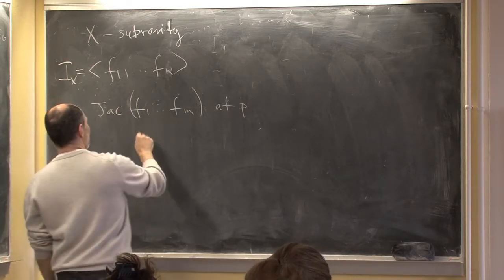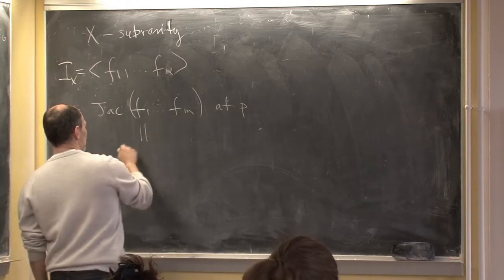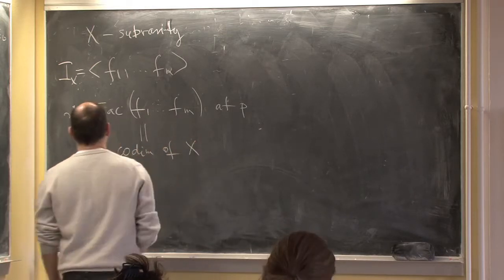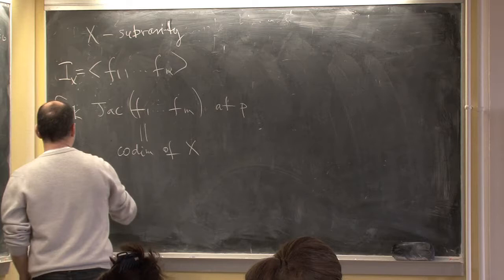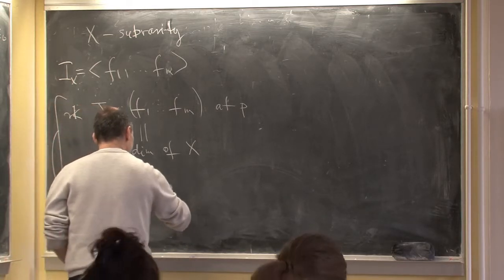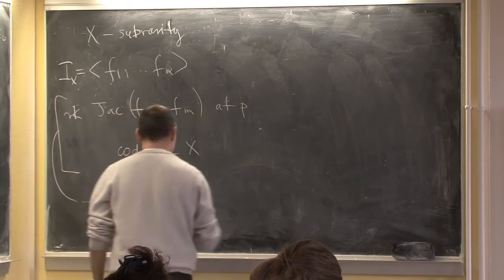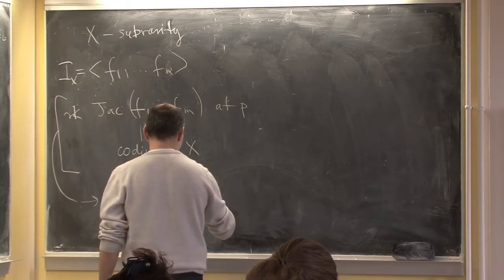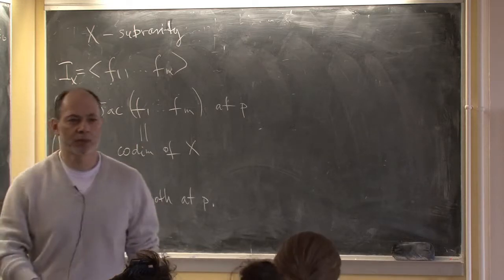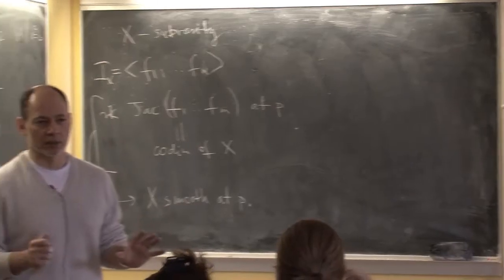What you want is that this should be the codimension of X. So this condition means that X is smooth at p.